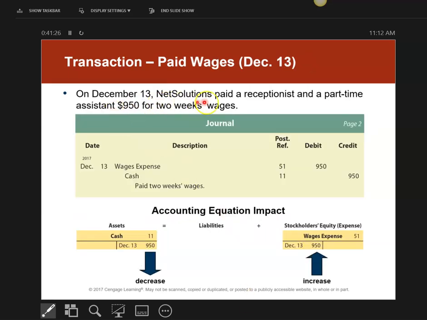December 13th, I paid a receptionist and a part-time assistant $950 for wages. Spent the money, so I credit the cash and debit the wage expense. Remember, expenses are always only debited. So these are the journal entries for the first half of December, from the 1st to the 13th. The next video will look at the end of December.